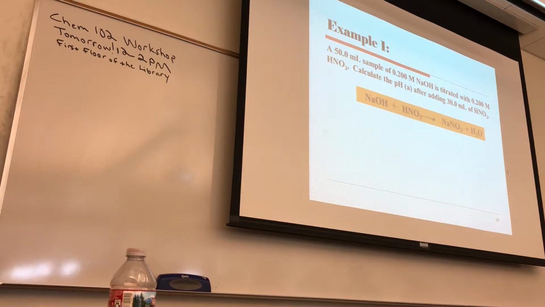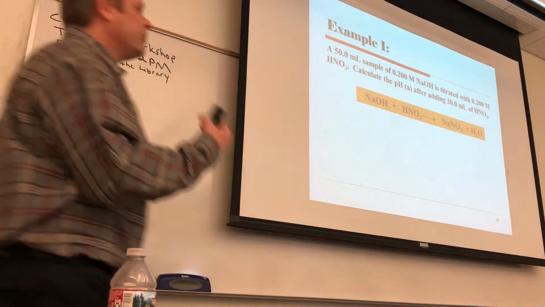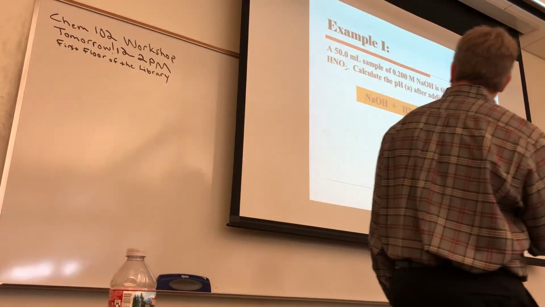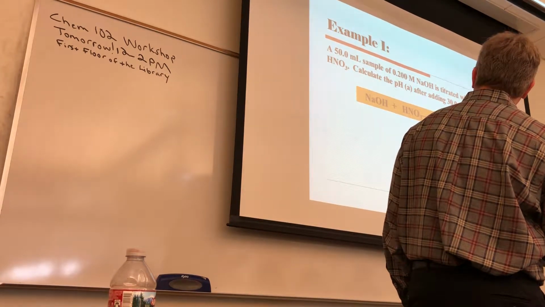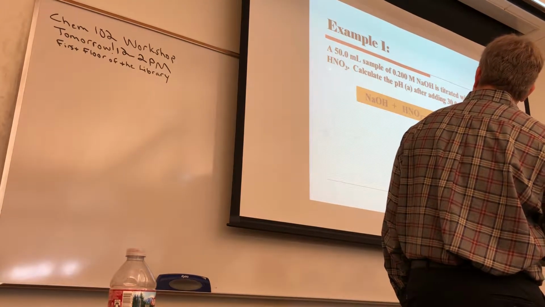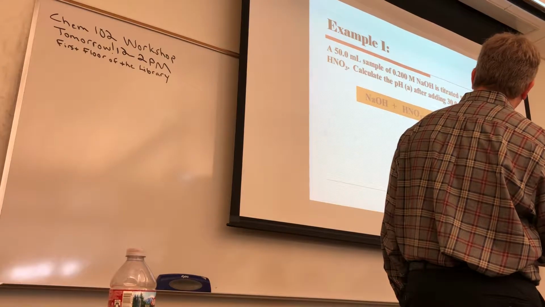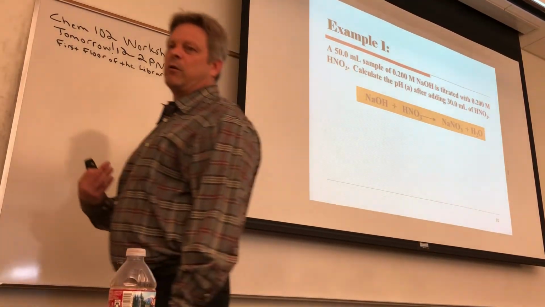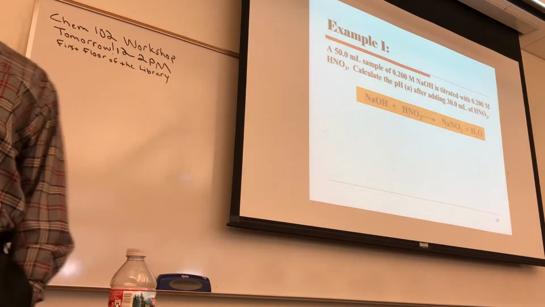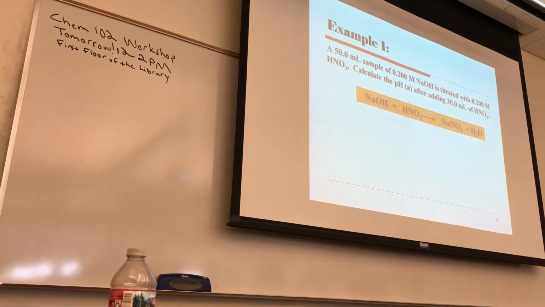Okay, here's a basic problem. This is exactly like what we just looked at prior to the chart. You simply have 50 mL of sodium hydroxide titrated with 0.2 molar nitric acid. Calculate the pH after adding 30 mL of the nitric acid. This is pretty straightforward. You're just finding the moles of each one and then subtracting out the number.